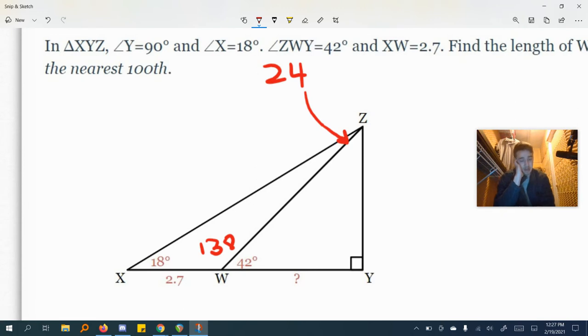Let me make sure I did my math right. Yeah, I did. So the other side of this thing is going to be 90 minus, well, actually, we're going to just know that one. 100. 90 plus 42 adds up to 132, and the rest of that is going to be 48.